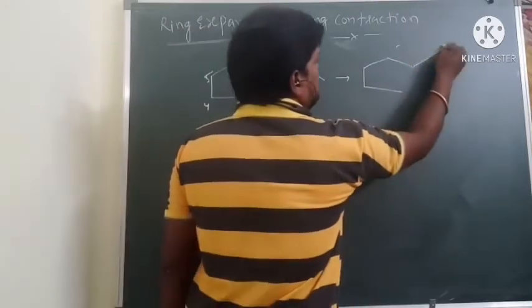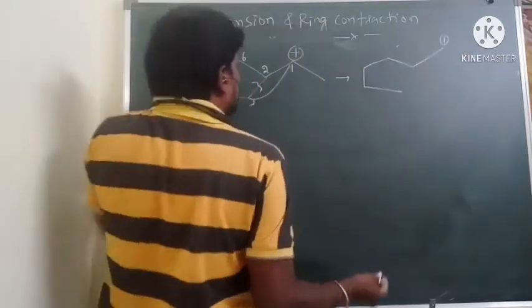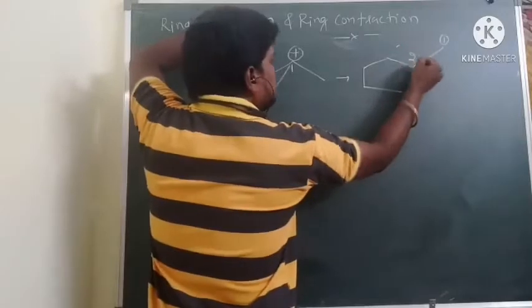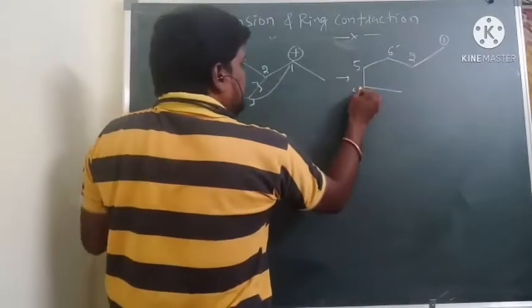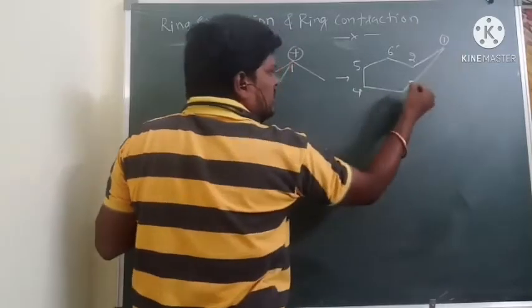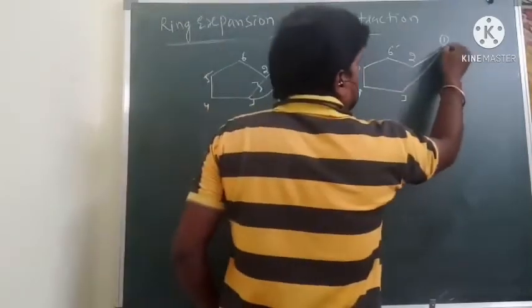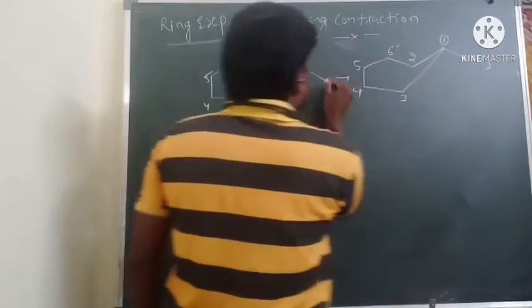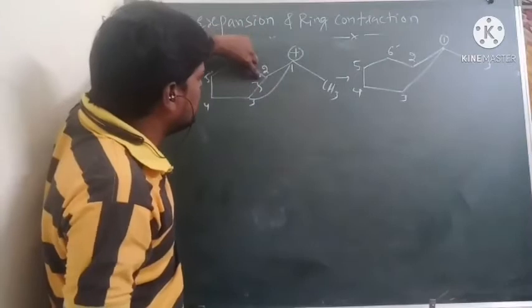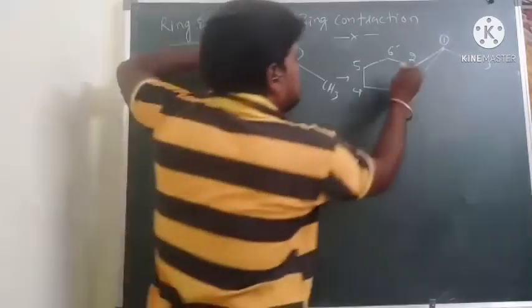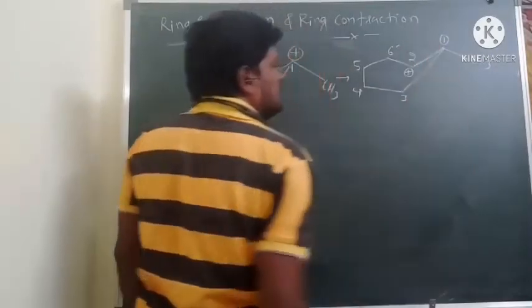So here this is the first carbon, and the second carbon, sixth carbon, fifth carbon, and fourth carbon. The third carbon is bonded with the first carbon, and the first carbon has one methyl group, right? If you observe carefully, the second carbon loses a bond, so that second carbon gets the positive charge.